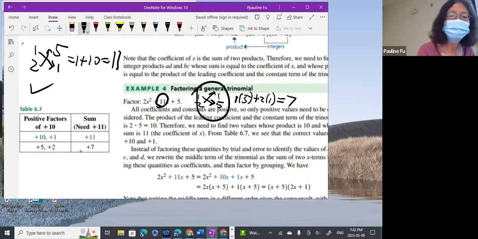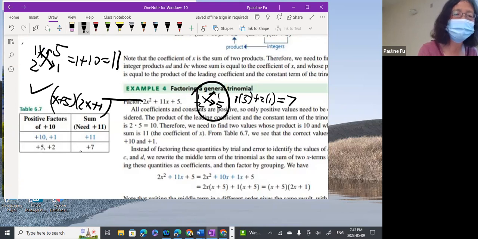And then this factors into x plus 5 times 2x plus 1. And again, this needs practice. This kind of question will be in test 1. Today's content is in test 1.